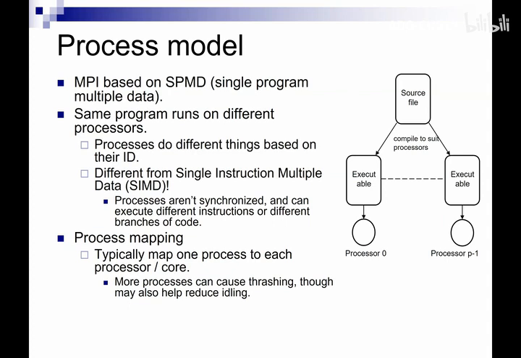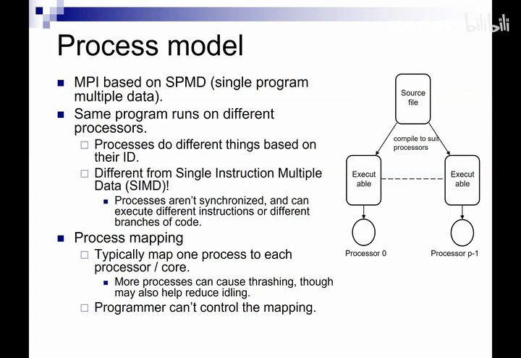The reason for not putting too many processes onto the same processor is that you would get resource contention. But sometimes, if you have processes which do very little work, you might want to put several processes onto the same processor, just so that you can fully utilize that processor.